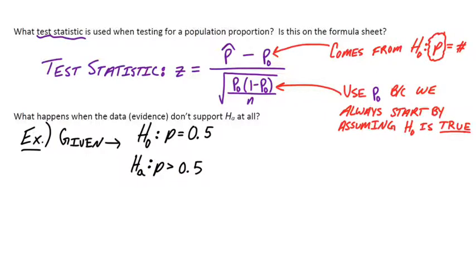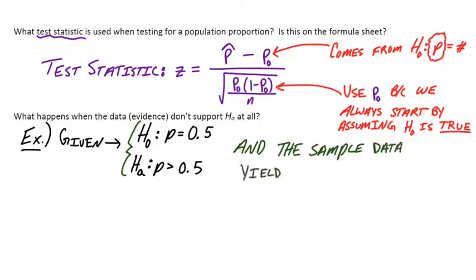So let's say we're given these two hypotheses at the start of a problem, and then we're given some sample data and it says p hat is 0.31. Okay, well this p hat really doesn't reflect this alternative hypothesis at all. If we just cover up this alternative hypothesis for a second, you have the null hypothesis equal to 0.5.